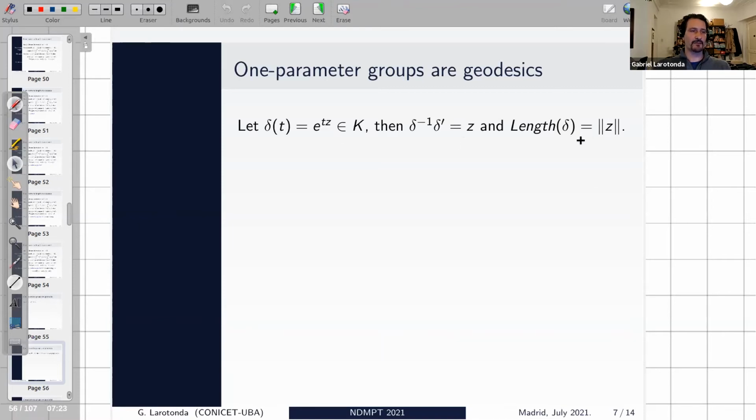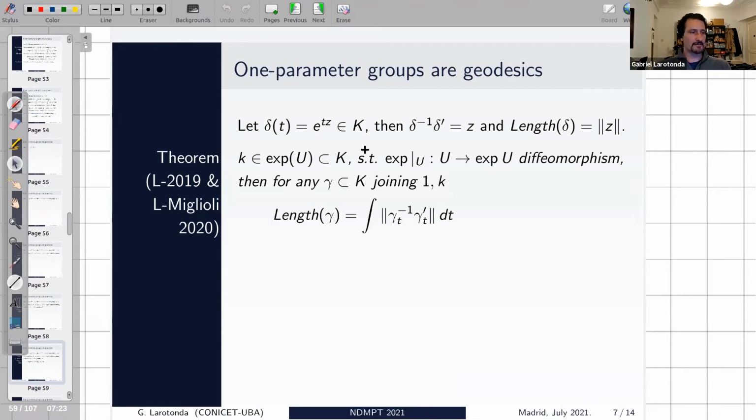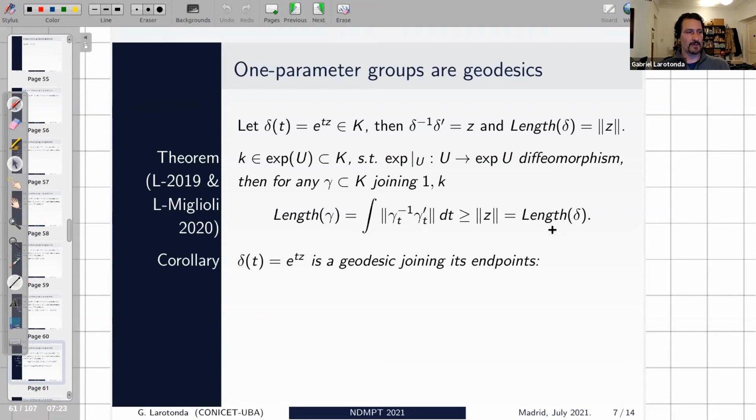And modulo some restrictions of not going too far from the identity, it's natural to prove in general that for any other path joining the identity and the endpoint of delta, you will have this length of gamma greater than the length of delta. So you see this inequality tells you that this is the best possible solution for the length of path joining 1 and k. And therefore, this segment or one parameter group is a geodesic joining these endpoints.